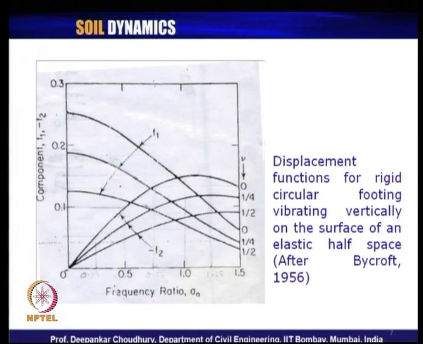And how do F1 and F2 vary with respect to the frequency ratio and Poisson's ratio? I have already mentioned that F1 and F2, the Lysmer displacement functions, are functions of Poisson's ratio of the soil and dimensionless frequency factor.